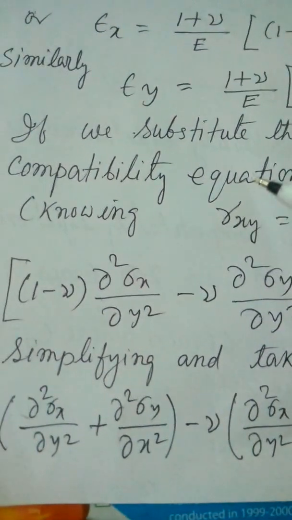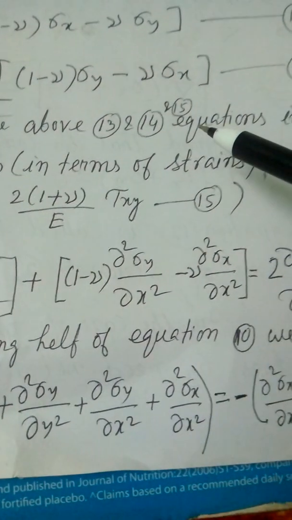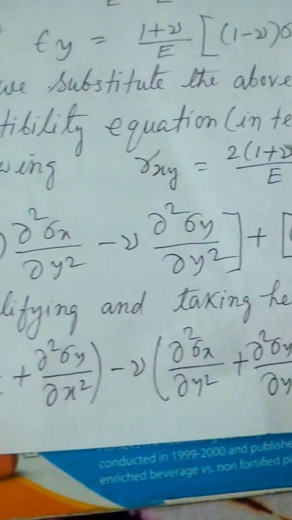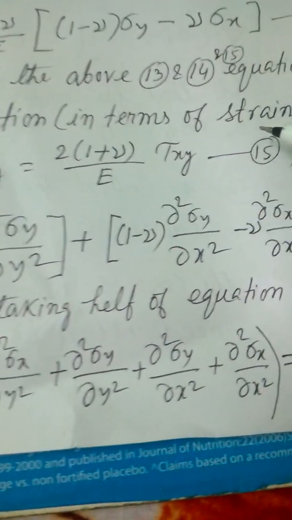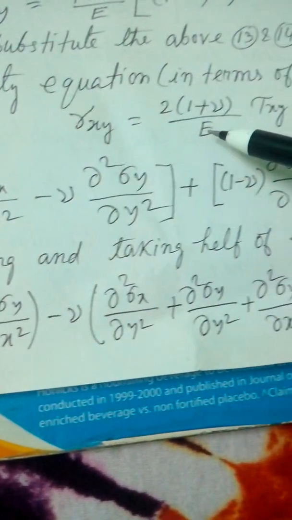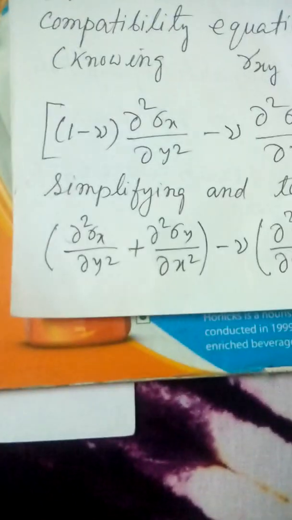If we substitute the above 13, 14 and 15 equations in the compatibility equation in terms of strains, knowing gamma xy is the shear strain given by equation 15, we get this one.